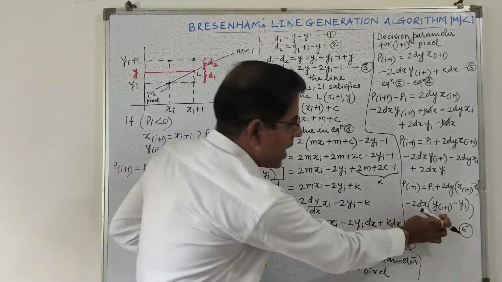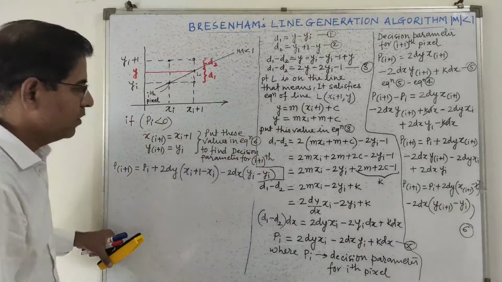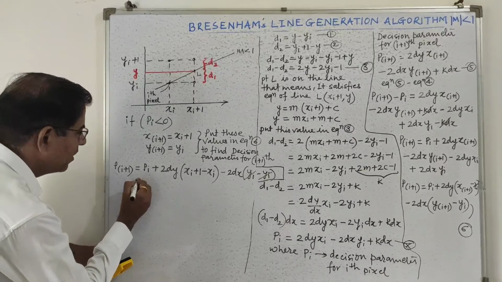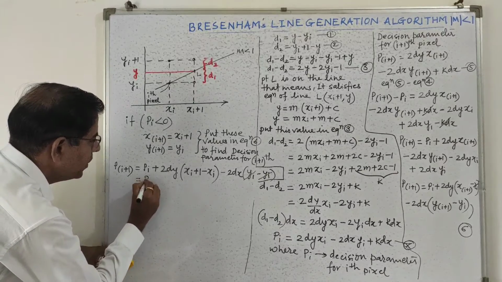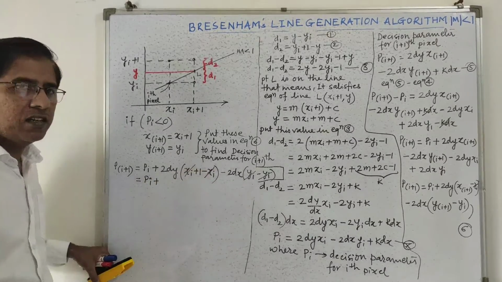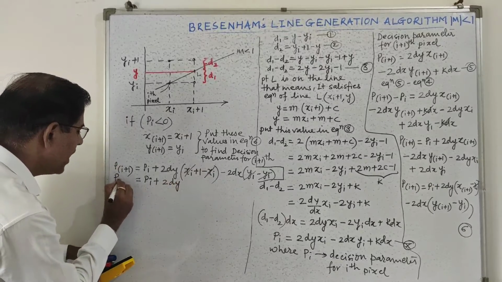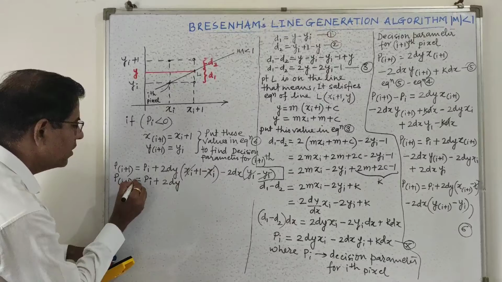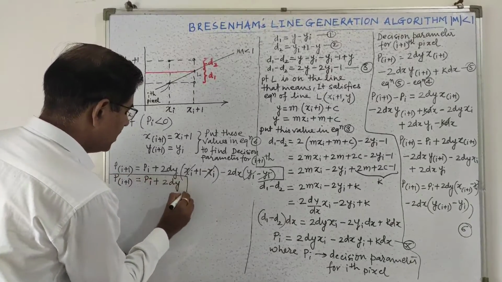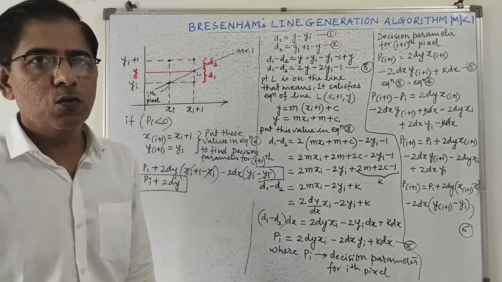In place of yi plus 1 you put yi, so yi minus yi, so this yi gets cancelled. What is remaining here? It is pi plus, now this xi gets cancelled, so 2 dy. So pi plus 1 is equal to pi plus 2 dy. This is the decision parameter for the next pixel in case of pi less than 0.